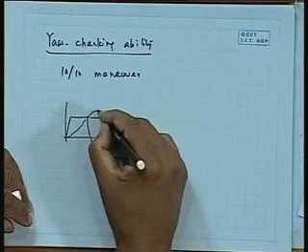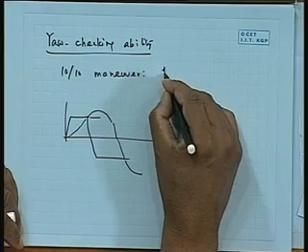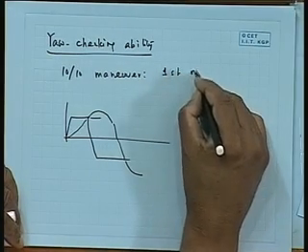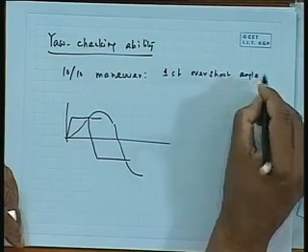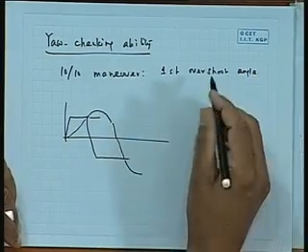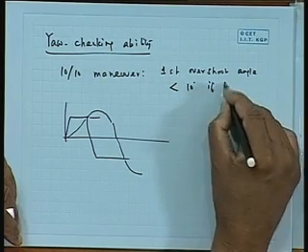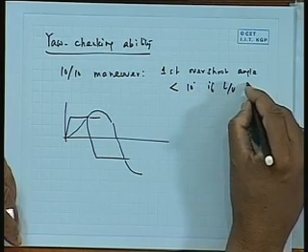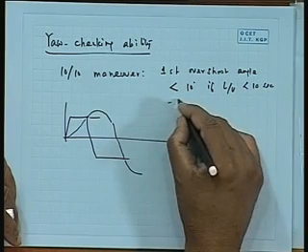The first overshoot angle should be less than 10 degrees if L by V is less than 10 seconds. I will tell you about this one.